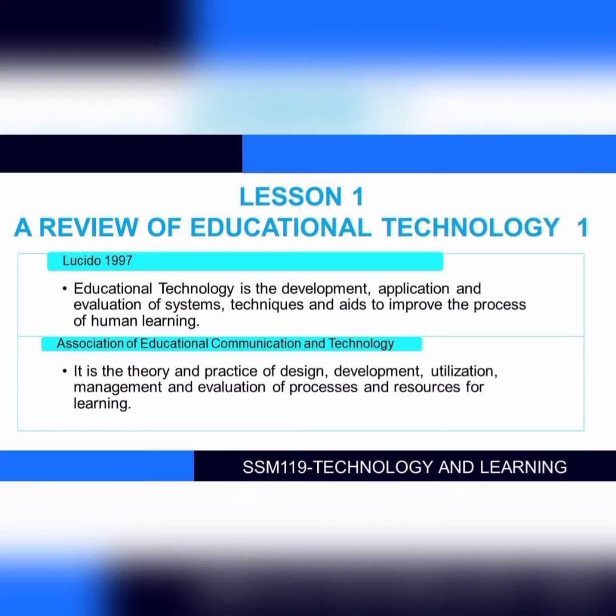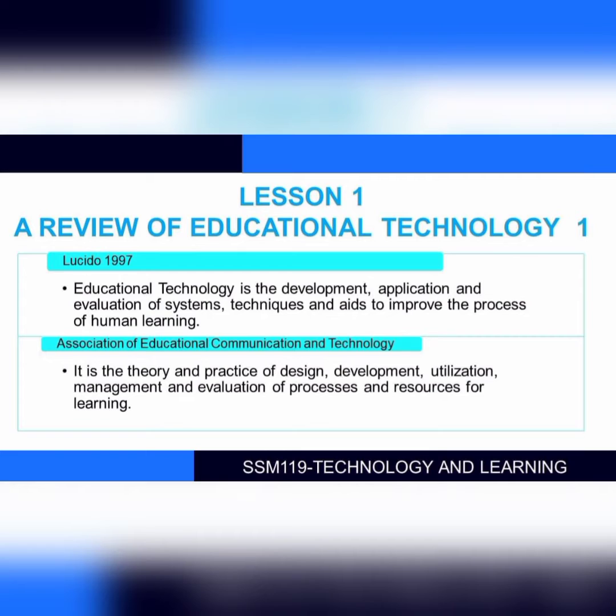Lesson 1, a review of Educational Technology 1. According to Lucy Daw 1997, educational technology is the development, application, and evaluation of systems, techniques, and aids to improve the process of human learning.